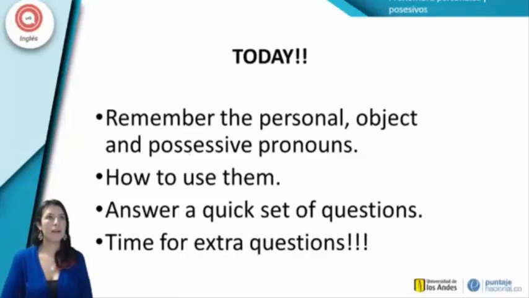The object pronouns are the ones that we use to talk about the object in which the action falls. Yeah? And the possessive pronouns we use to refer to something that is possessed by someone. So for example, we possess a car, we use the possessive pronouns. You know how to use them.